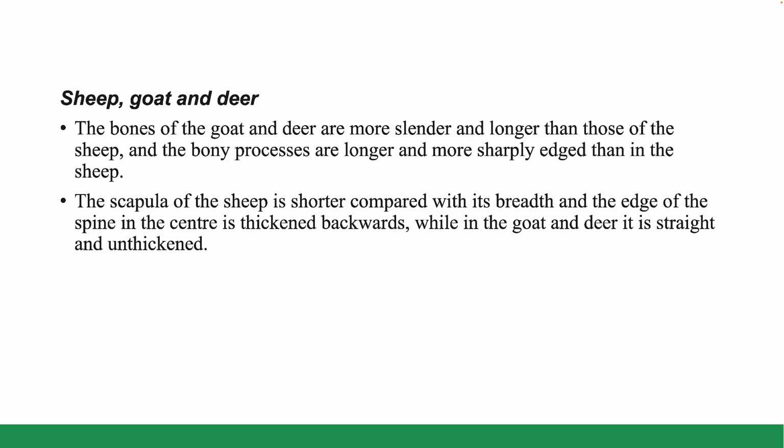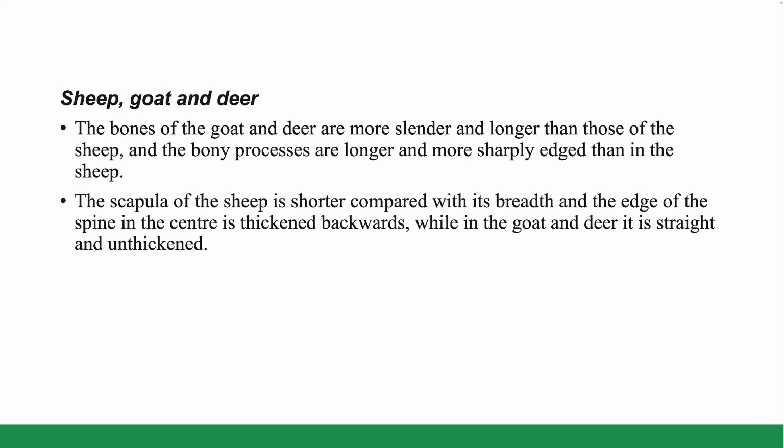For the sheep, goat, and deer, these animals almost look the same size anatomically, but there are a few features that we can use to differentiate them. For instance, the bones of a goat and deer are more slender and longer than those of a sheep, and the bony processes are longer and more sharply edged than in sheep.